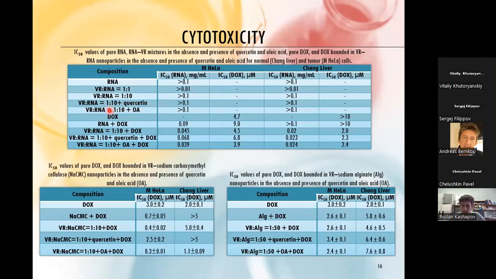Free doxorubicin exhibits greater cytotoxicity against tumor cells than normal cells, but when combined with NEA alone, its antitumor activity is almost halved. The binding of doxorubicin by the mixture enhances the cytotoxic effect. However, the presence of quercetin had an antagonistic effect on doxorubicin in tumor cells, while the presence of lactic acid, on the contrary, increases the cytotoxic effect against HeLa cells.